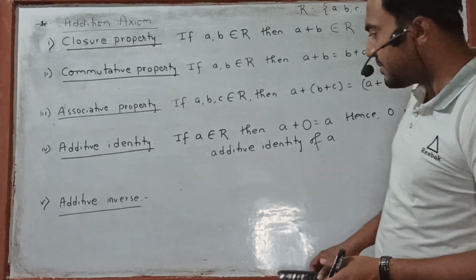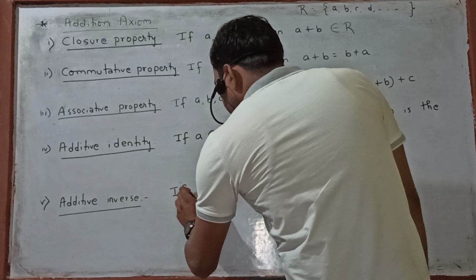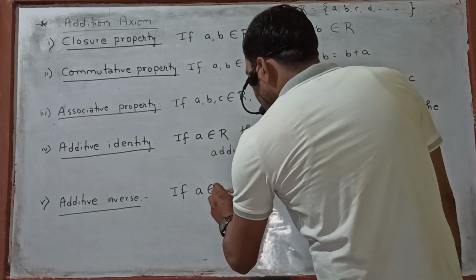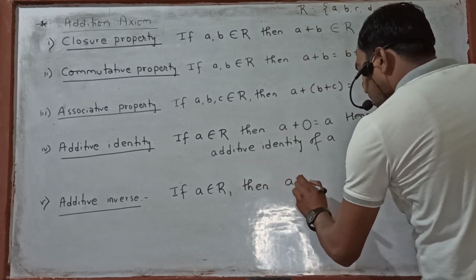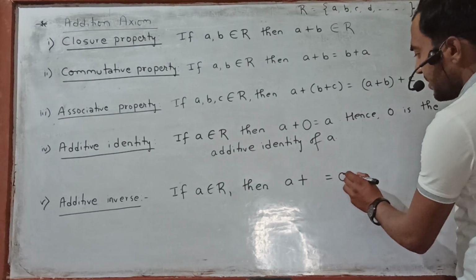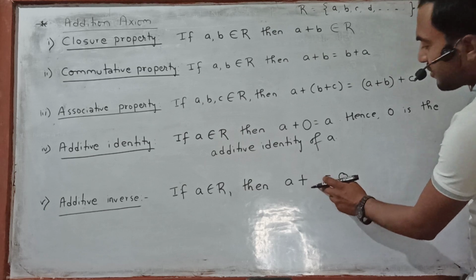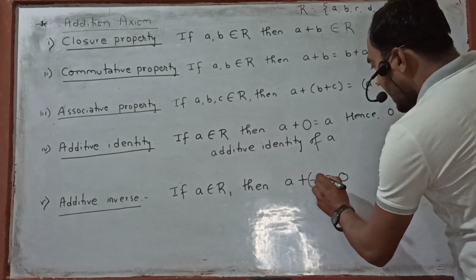Now come to additive inverse. In additive inverse, if a belongs to the real numbers, then what real number do you have to add to a to get 0? Obviously you have to add minus a.